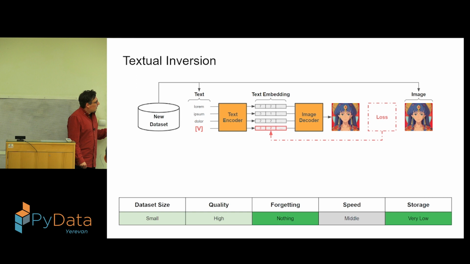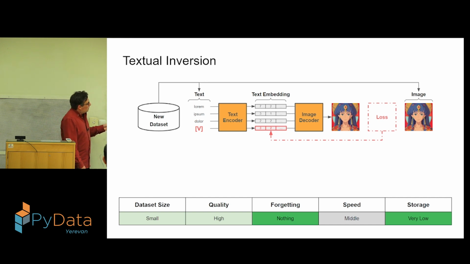So this is the actual idea. This optimization of the text embeddings is basically just searching in a latent space. We're trying to find this dog concept in the latent space of the text encoder.